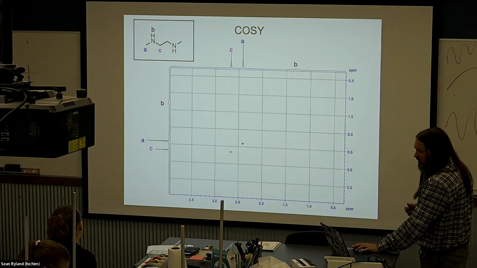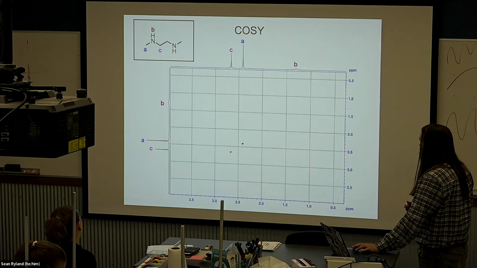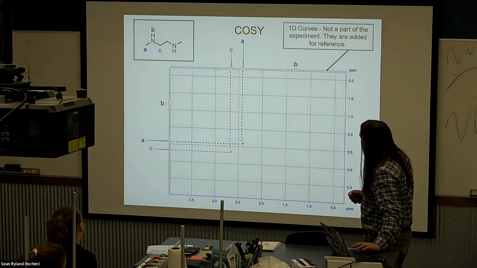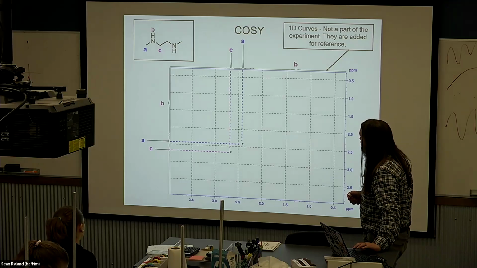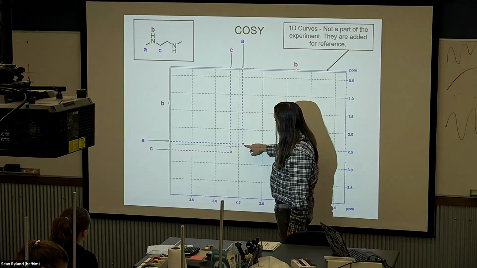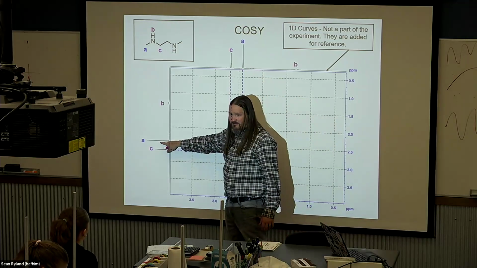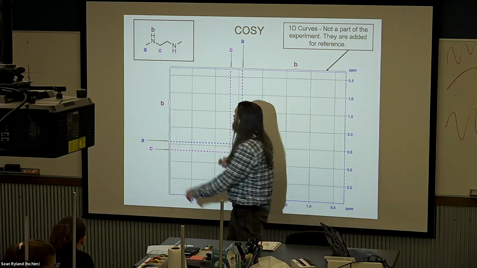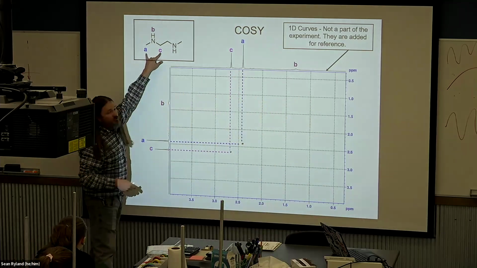But when we do a COSY NMR of it, we're basically just going to see two signals. We're going to see signal A coupling with signal A, and we're going to see C coupling with C. A and C can't be coupled together because they're too far apart.